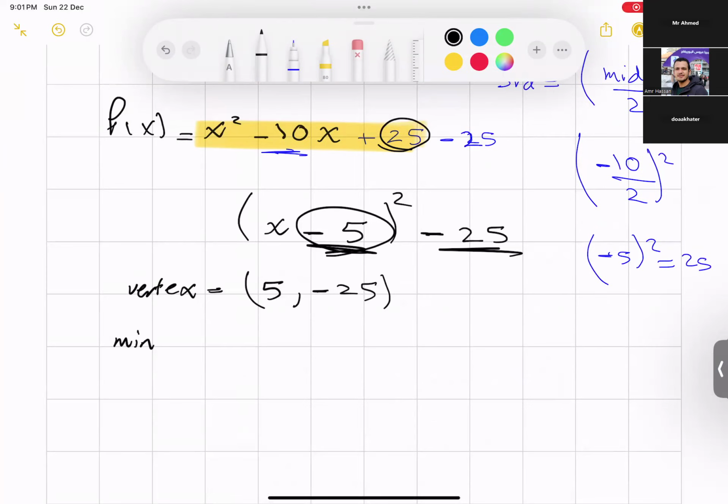If you ask me what is the minimum or the maximum, you have to tell him I need to figure out the minimum, not the maximum. Why? Because the coefficient of x squared is positive. Whenever the coefficient is positive, I need to calculate the minimum, not the maximum. Did you get it? So the minimum is going to be y, so it's going to be negative 25. Did you get it? Yeah.